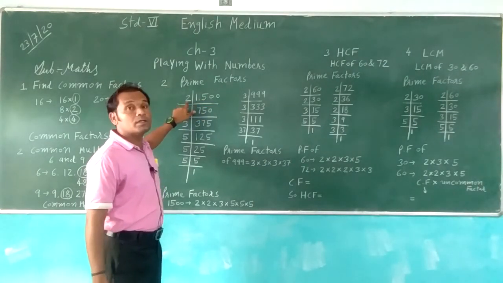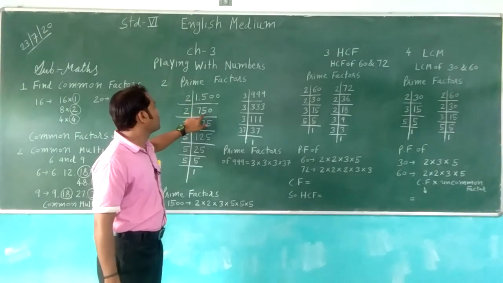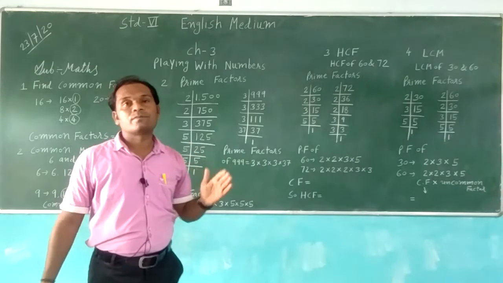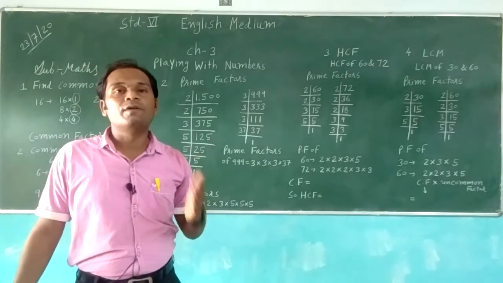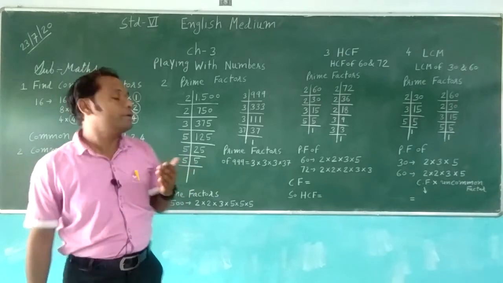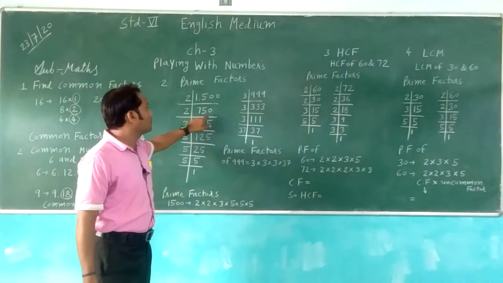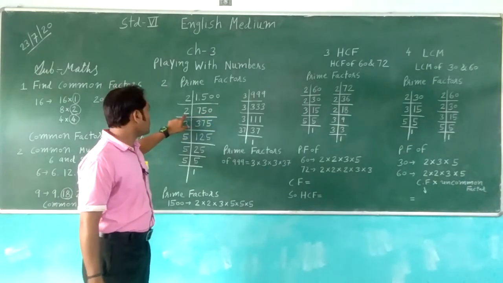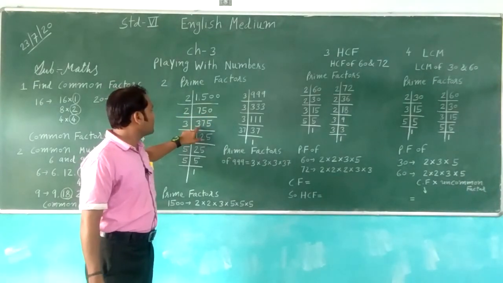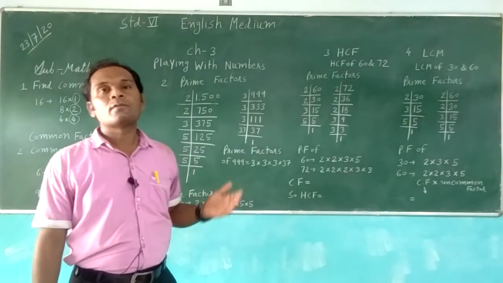First we'll try dividing by 2, and it is exactly divisible by 2. So we get 750. Again, this number is divisible by 2 because the last digit is 0. Again we divide, then we get 375.